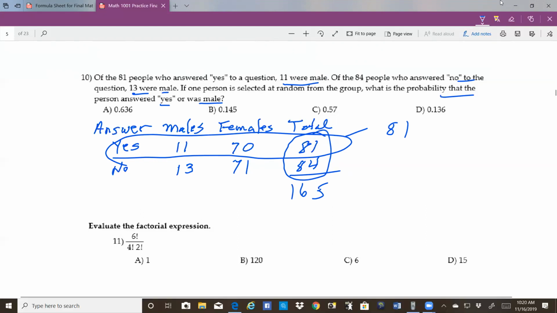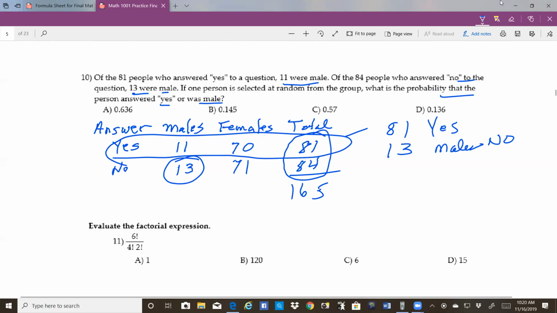And then, or was male, there were 13 males who answered no. So the total who answered yes or were males that answered no would be 13. So we got 94.